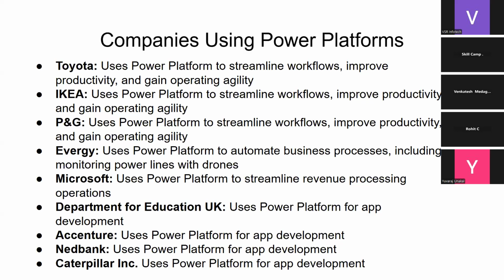IKEA, a giant furniture company, uses Power Platform to streamline workflows. P&G, again an FMCG company, Evergy, Microsoft, since Microsoft is the creator of Power Platform, they obviously use it to streamline their revenue processing, and in various other segments they use Power Platform.